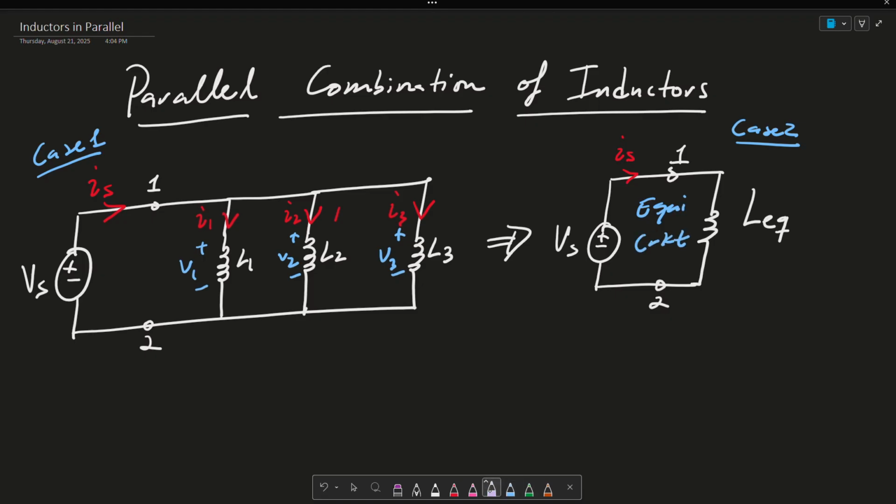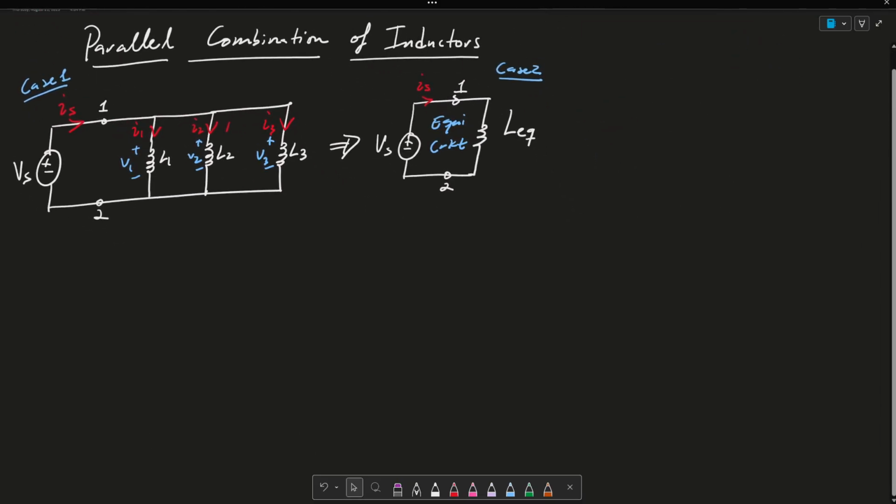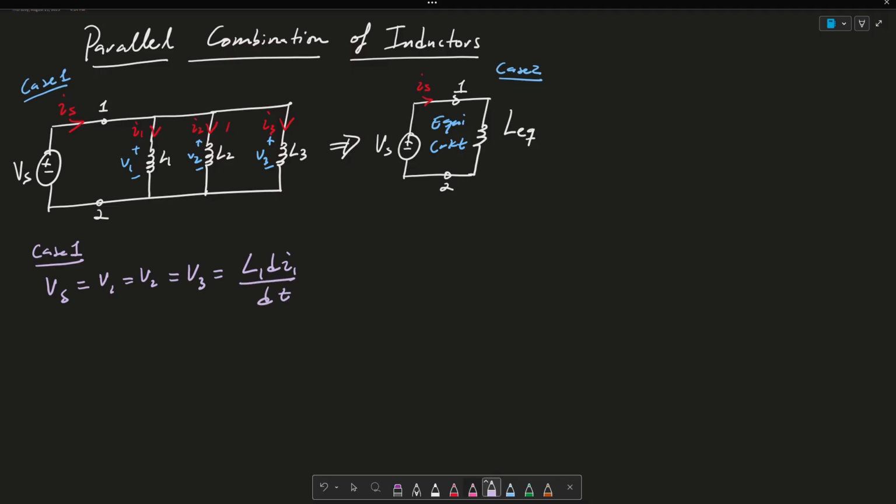Okay. So in terms of writing equations, we're going to start off with case 1. And I'm going to say that Vs is equal to V1, which is equal to V2, which is equal to V3. And V1 is my inductor L1 di1 over dt, which is equal to V2, which is L2 di2 over dt.